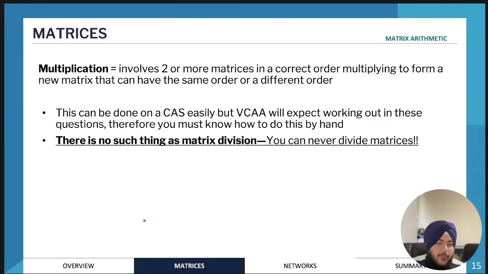We'll only be doing matrix multiplication because matrix division cannot be done. There's another way we can technically divide matrices, but it's not as conventional as dividing two numbers, like 8 divided by 2 to get 4. It's not as simple as that, so we'll get to that later.